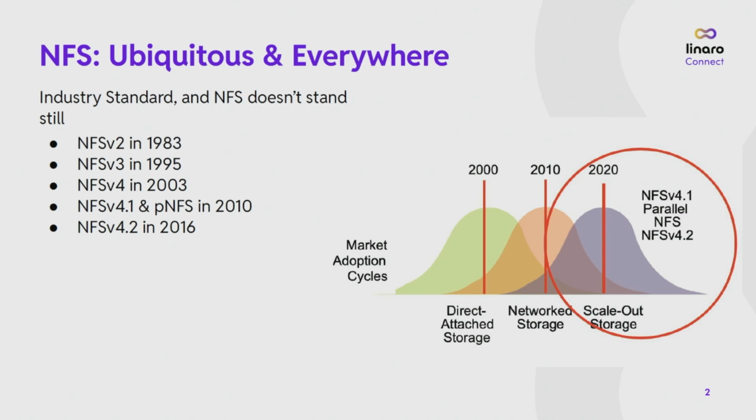But we can see that it's from the older time, and now the requirement is about scale-out storage. That means the storage should grow much larger, and we should expect that the network sharing should perform better.